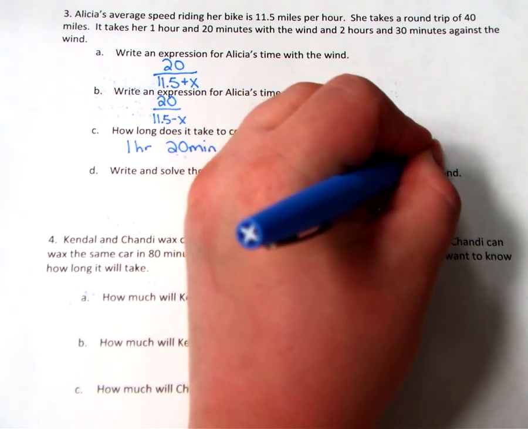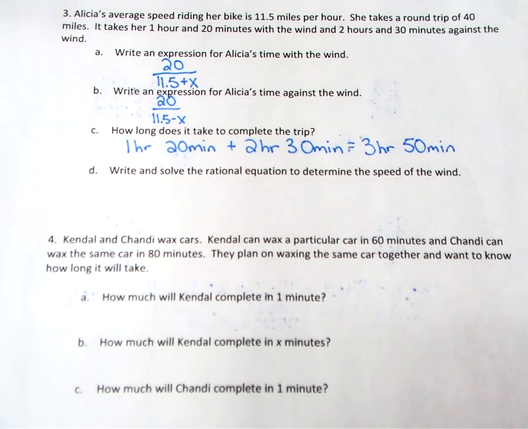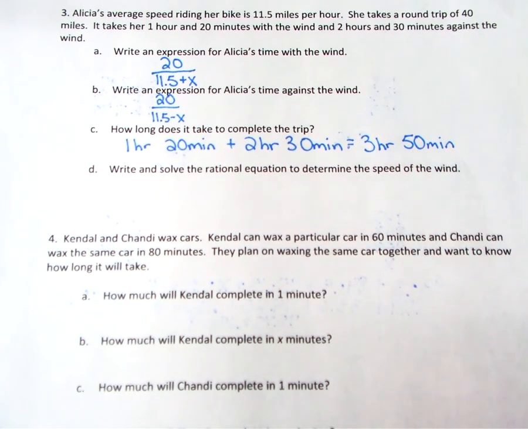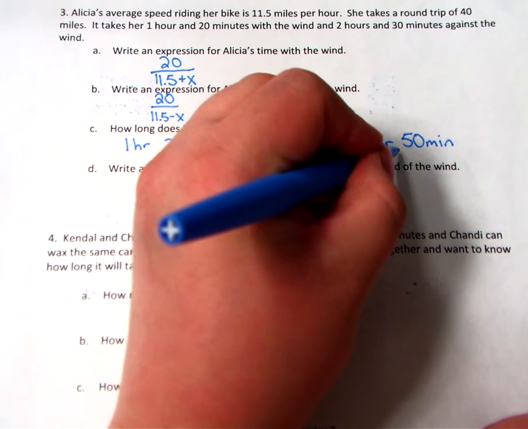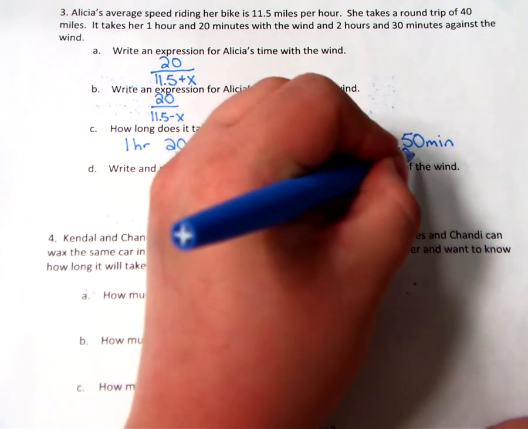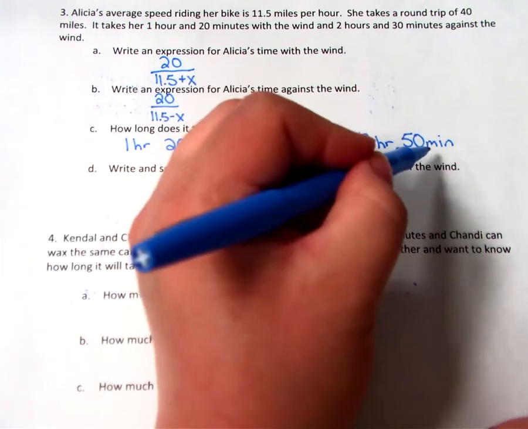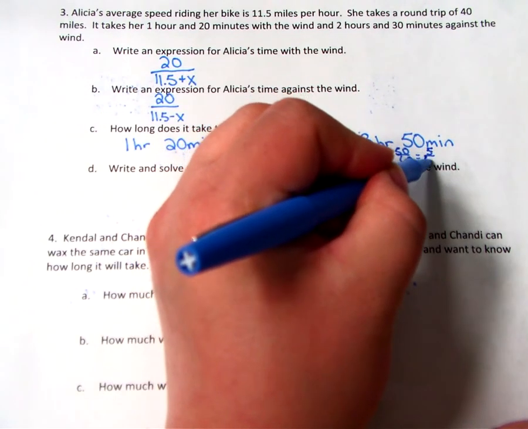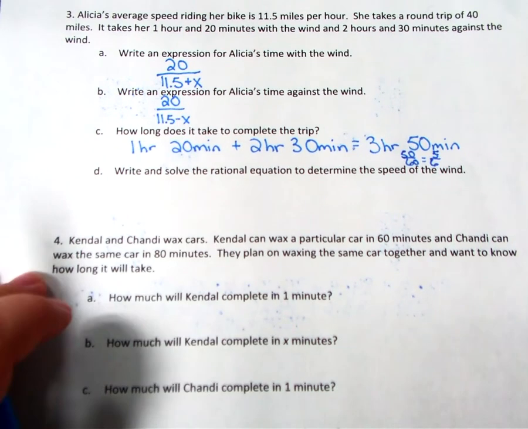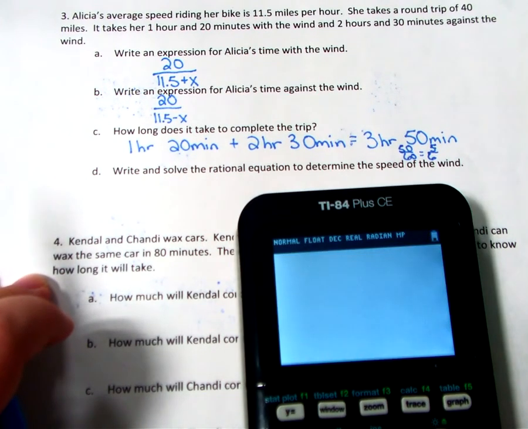Now, I would recommend changing that whole thing into hours. So I have 3 hours and then 50 minutes into hours would be 50 minutes out of 60, which is 5 out of 6. So we have 3 hours plus 5/6 of an hour.